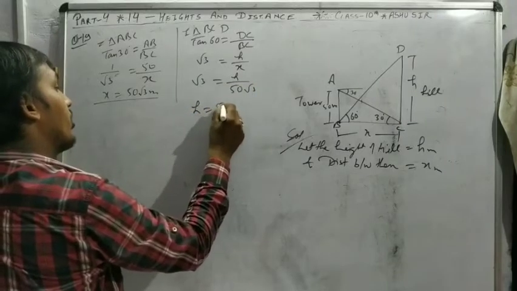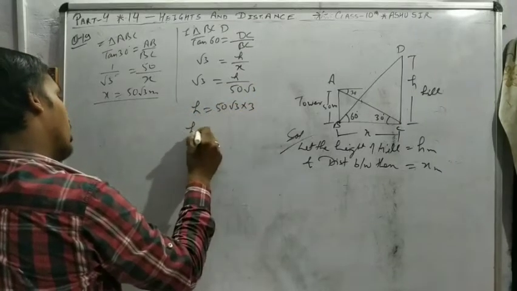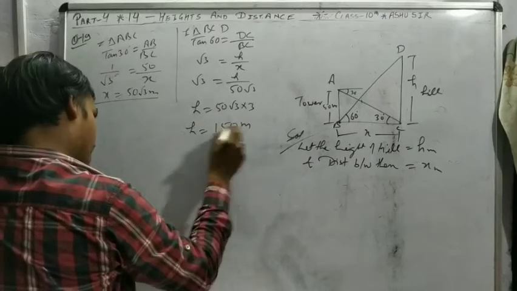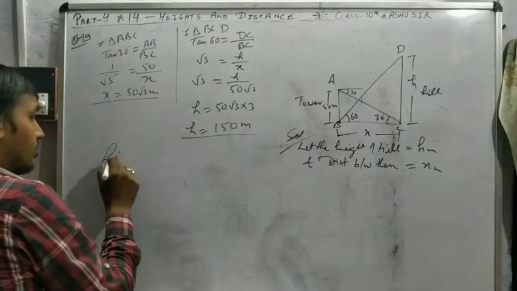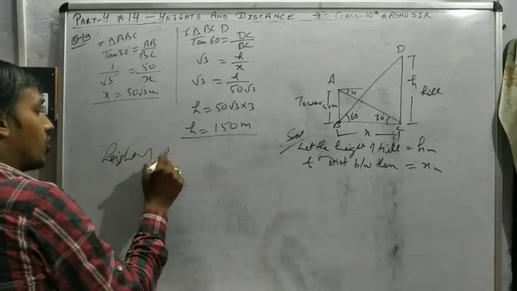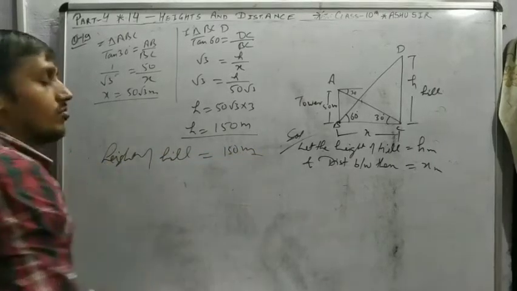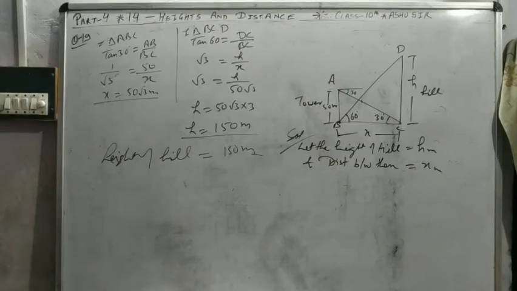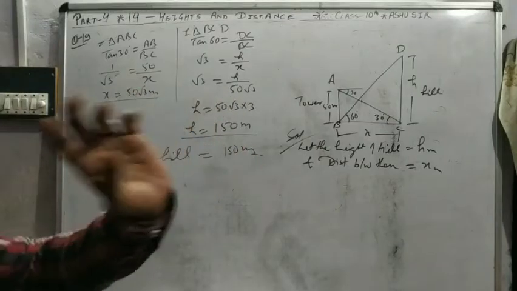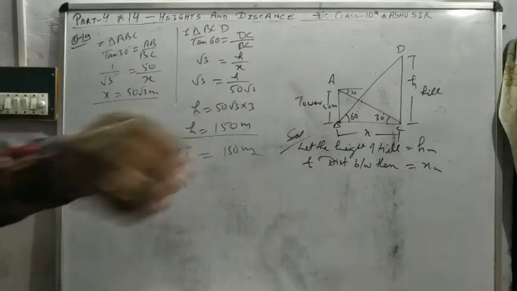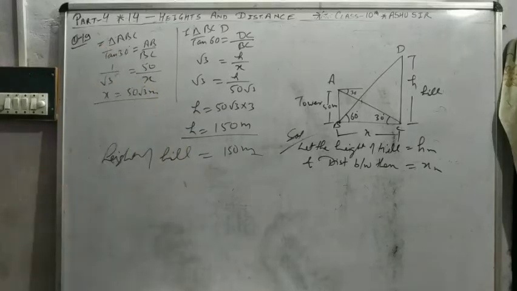So h is equal to 50 root 3 into root 3, that is 150 meter, the height of the hill. Okay, a simple question. If the figure is right, the solution is almost always right. Pause the video and note down.